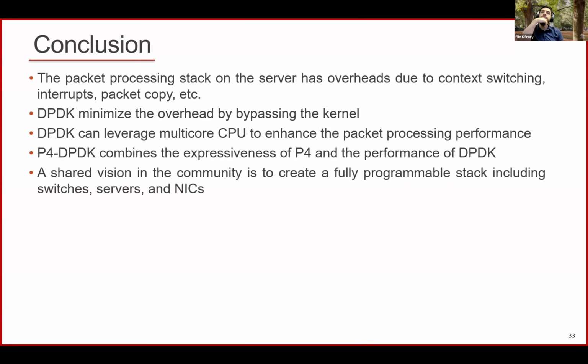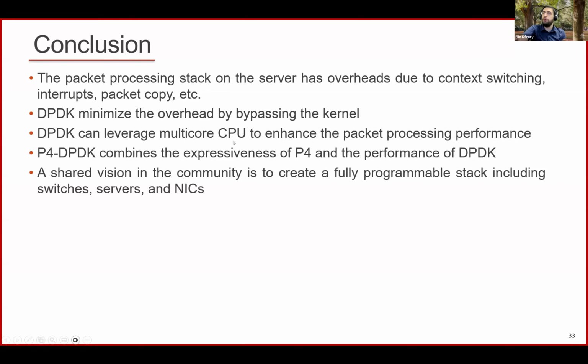Now with DPDK, we minimize these overheads by bypassing the kernel, so we don't have any more interrupts, and the packet copying is done without CPU intervention, no more context switching. So we try to solve these overheads.